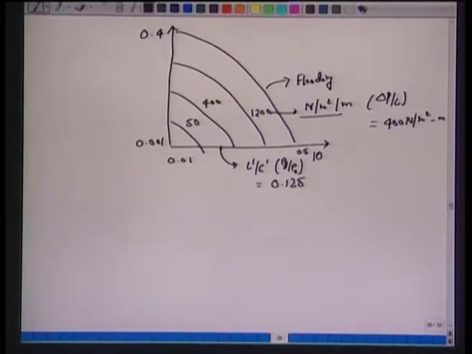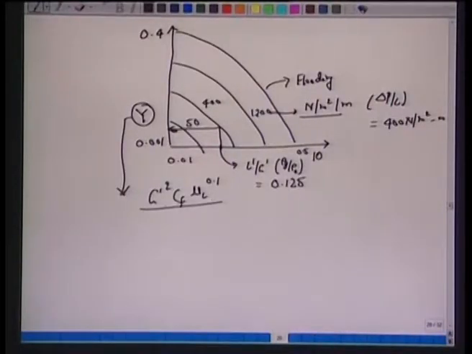Okay. So from here we come to this curve and we calculate this quantity on the y axis, which is G1 square Cf mu L 0.1 over rho G, rho L minus rho G, Gc.